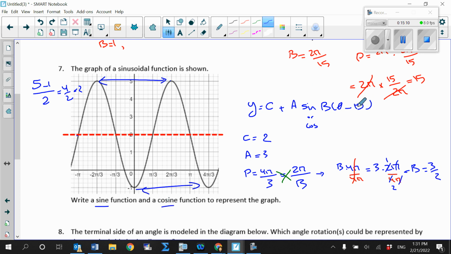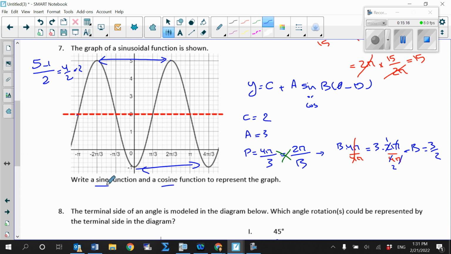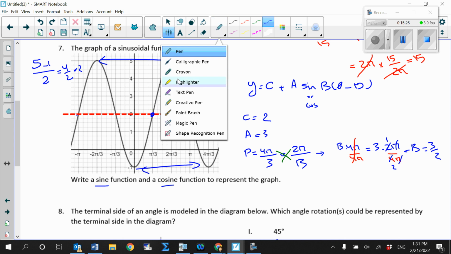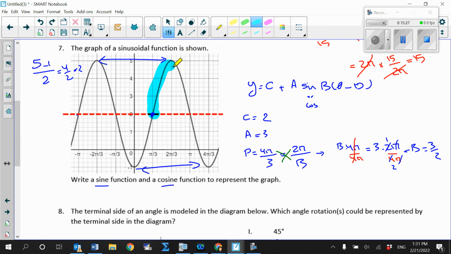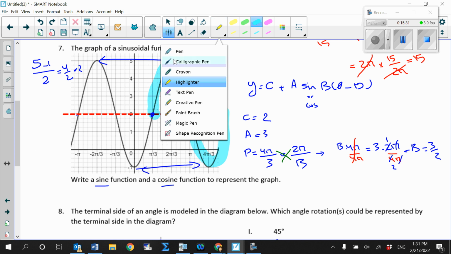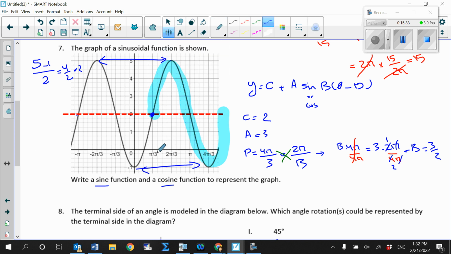The last thing that we need to find is the d value. That depends on the function that we want to write. If you want to write a sine function, you need to start with a middle point that is going up, right? This one, for example. Because now, after this point, I'm going to have a sine function like this. So the starting point is here at pi over 3.